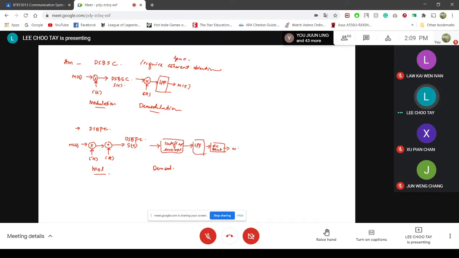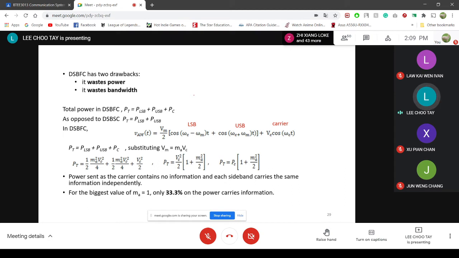That will be for us to recover our m(t). That is what we have gone through so far. We have introduced the double sideband full carrier modulation technique. Now let's look at the double sideband full carrier technique.